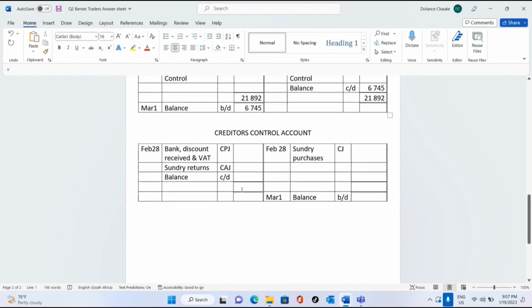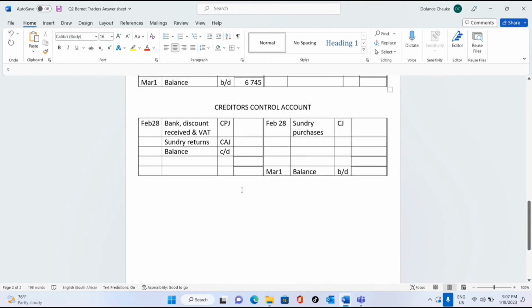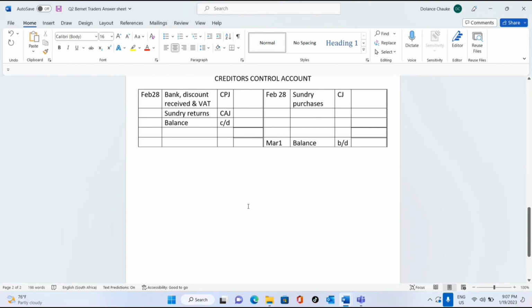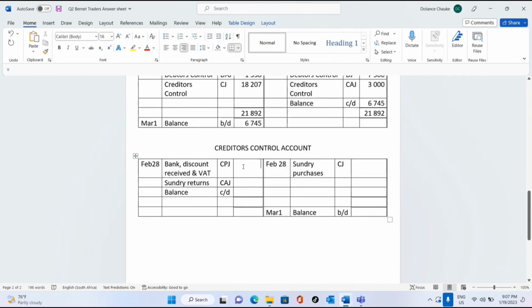So now we are going for creditors control. I think it is the last account, fortunately, for the night. With this one, we are going to look at your cash payment journal, where they say creditors.